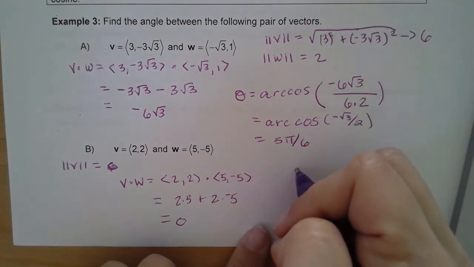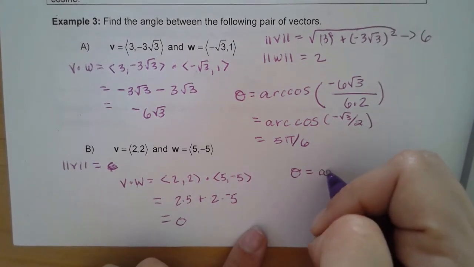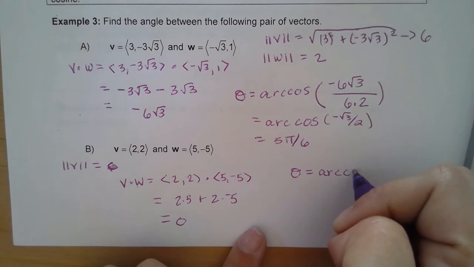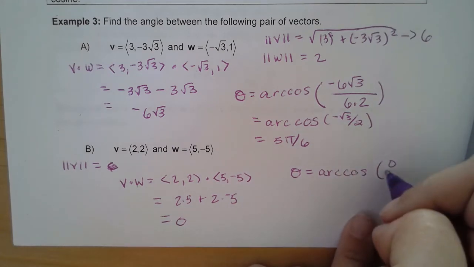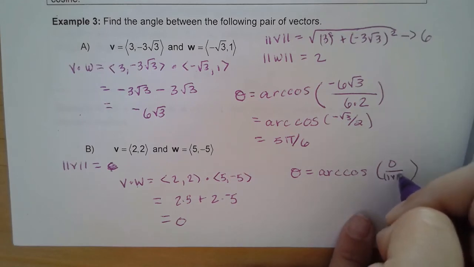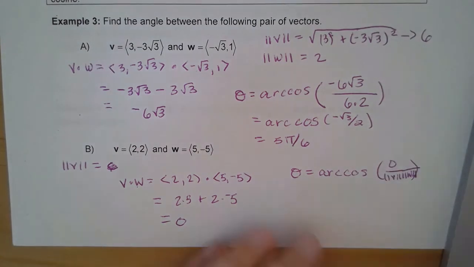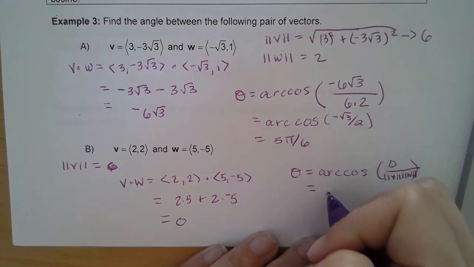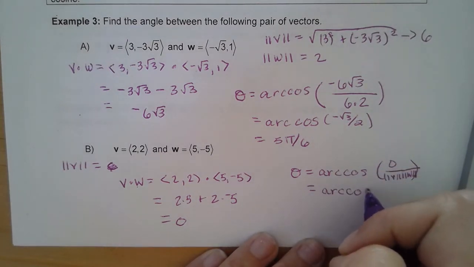Because if we look at theta right here, and we started putting in our stuff, so arc cosine, we would get 0 over those magnitudes. The idea, guys, is it doesn't matter what these magnitudes actually are, because 0 over any number is 0. So that's why I confused myself in my notes.